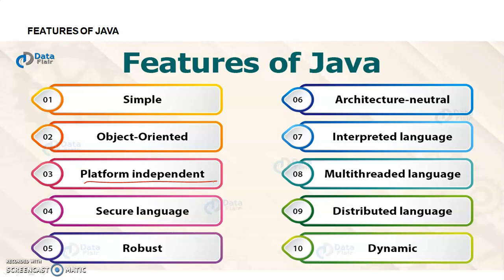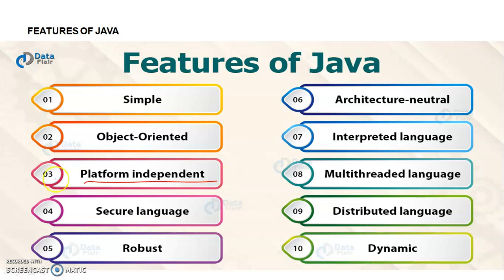Platform-independent means we can use Java in any operating system. Platform is represented as OS, operating system. So we can use Java in Windows, Linux, Mac, whatever the operating system, we can use Java programs, right?